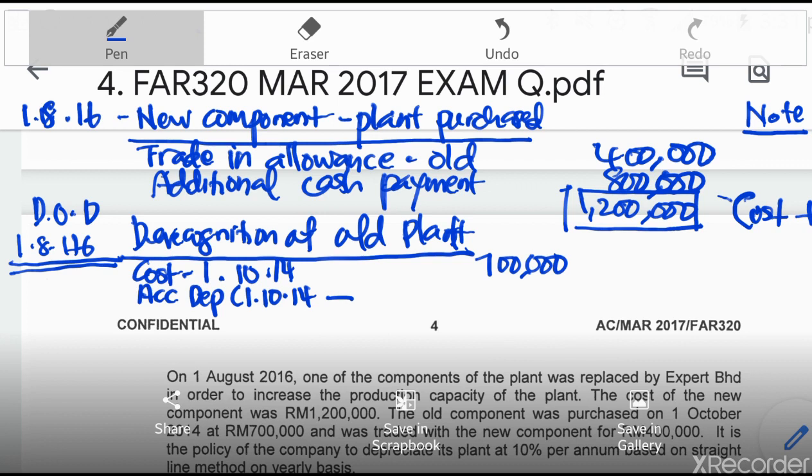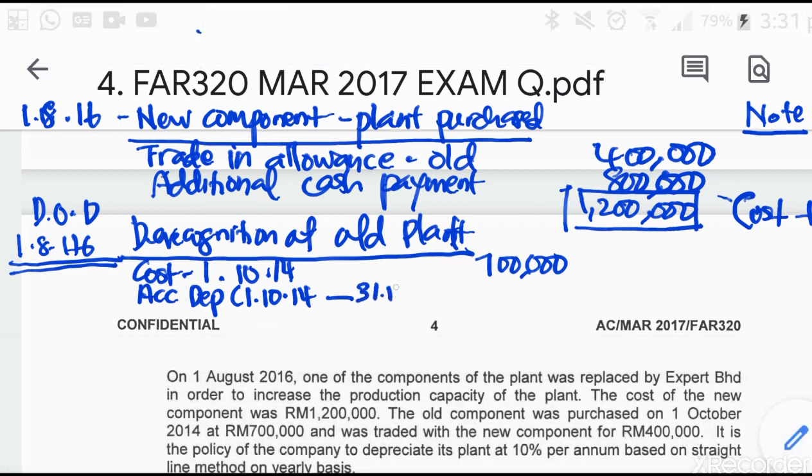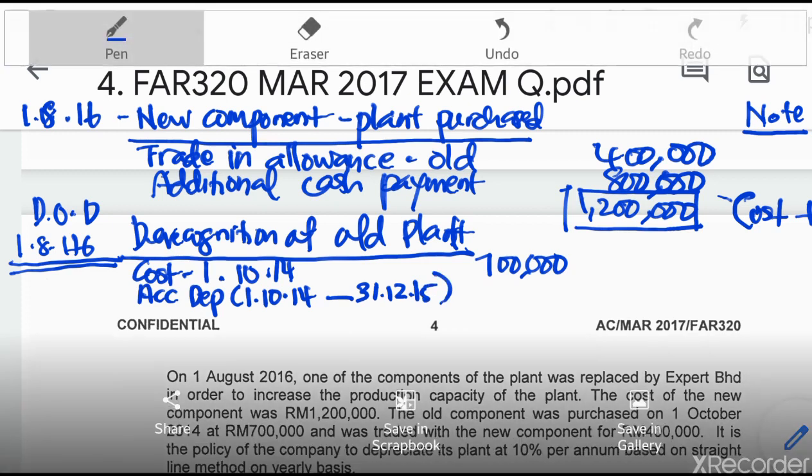There will be no disposal in 2016. So you're just going to look at until 31st of December 15. Okay, so meaning that for 2 years, because in 2014, regardless that the asset is with you for just 4 months, but you are going to charge full year depreciation.